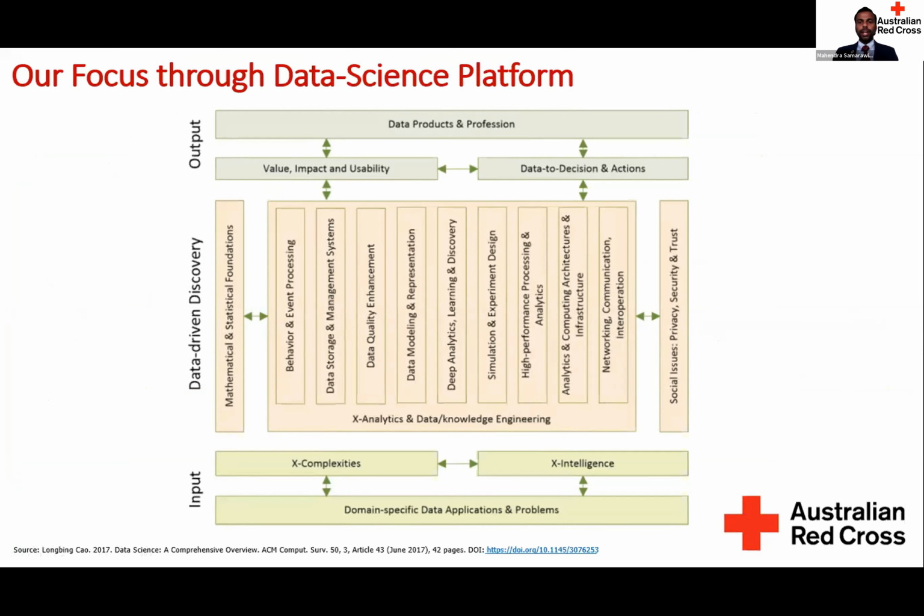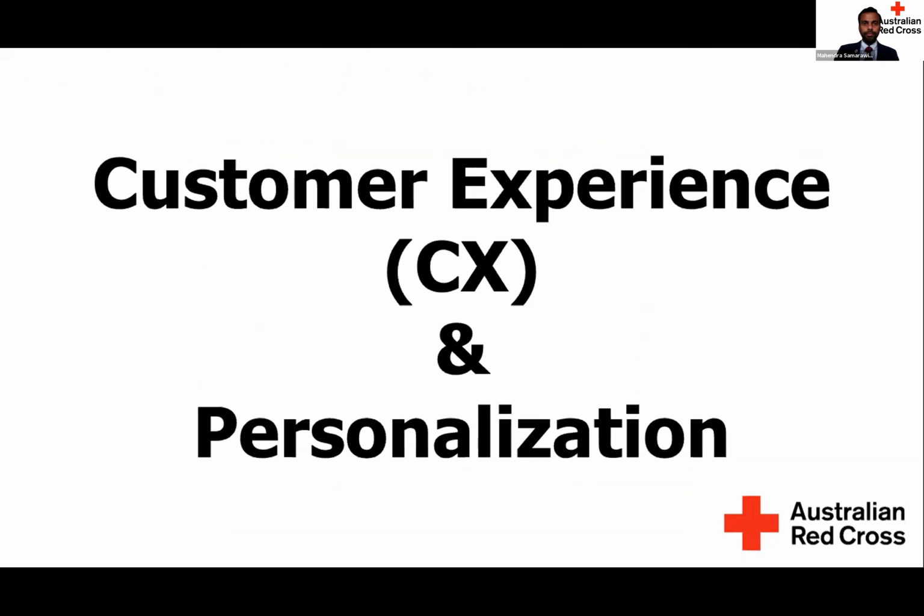So when creating value from data, infrastructure is very important. When designing and developing an infrastructure for data, we need to consider all these aspects. If you are moving into data engineering, this is a very important aspect, because from the data engineering perspective, databases and infrastructure play a major role.